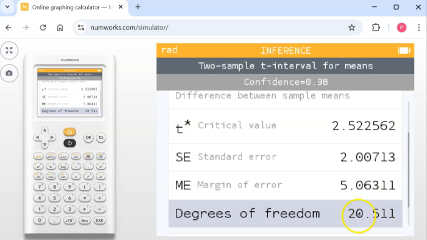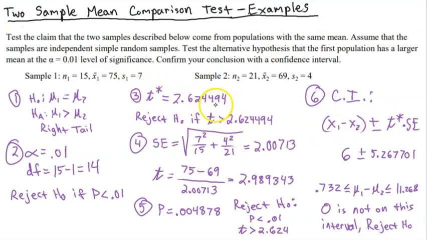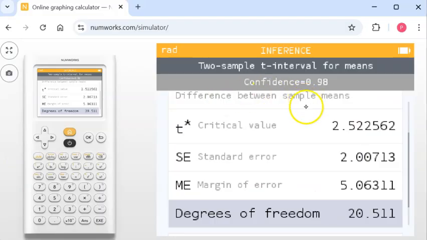But we're not using this version, so ignore this degrees of freedom. Ignore this t-crit. Do not use this t-critical. You're going to find it the way that we did in the student's t-distribution. And because this t-crit is not the one we want, the margin of error is also incorrect. So when you come in here, only come in here for the standard error, okay?